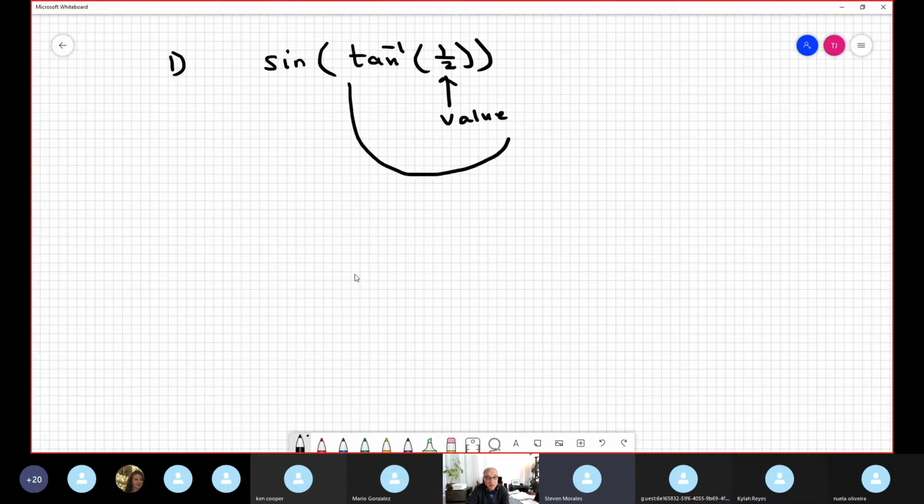The answer that we get in that part is an angle. And this angle, plug it into the sine, and you get another value. Do you understand the procedure? Yes. Okay. But I need to discover the value. So value, angle, value. This is the change.